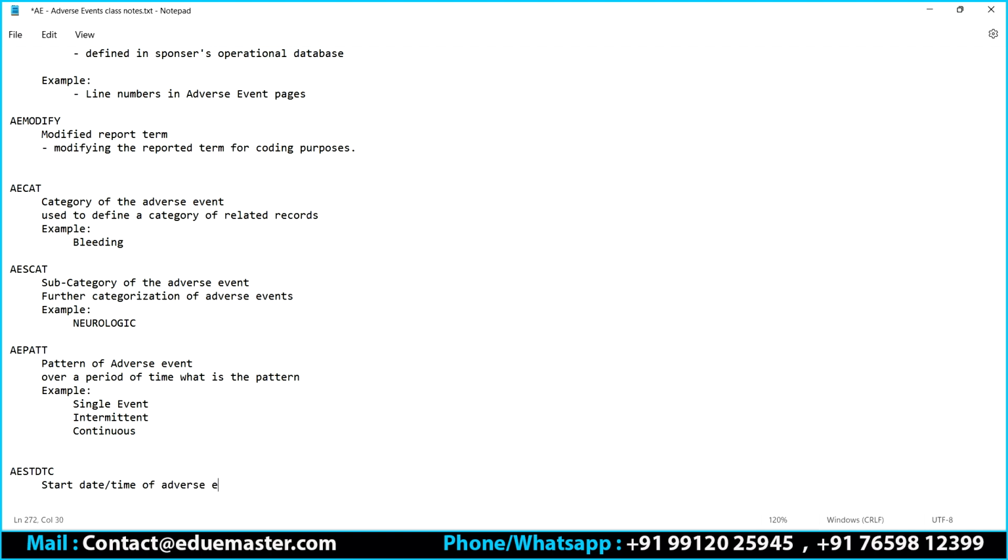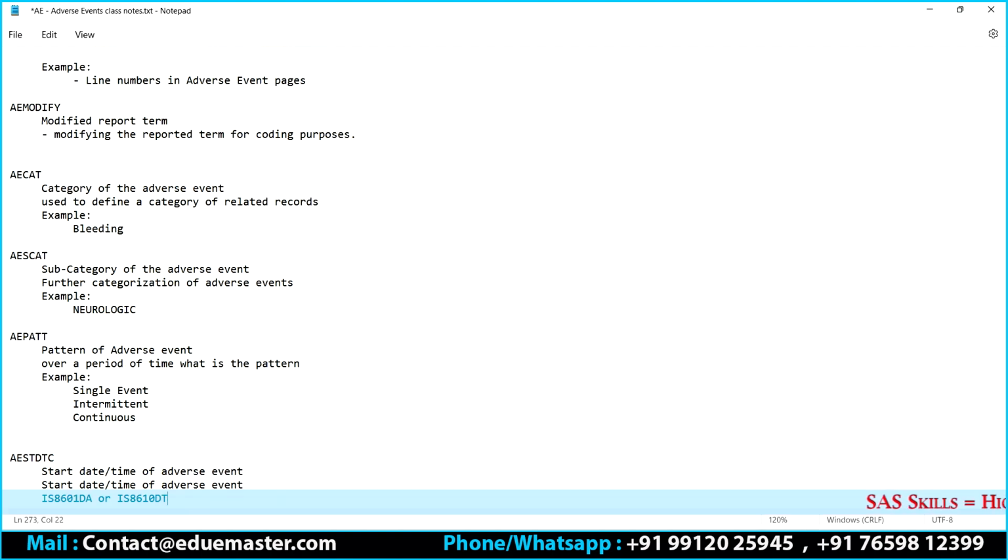We generally report this in a character format, which is ISO 8601 DA, or what is the other one? ISO 8601 DT. Am I correct? Either it can be a timestamp or a time one.